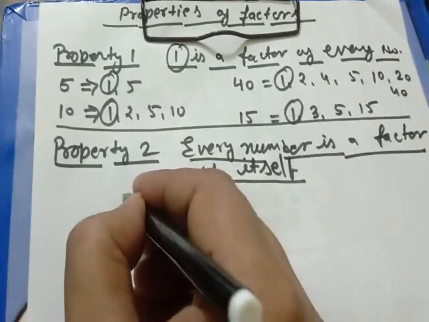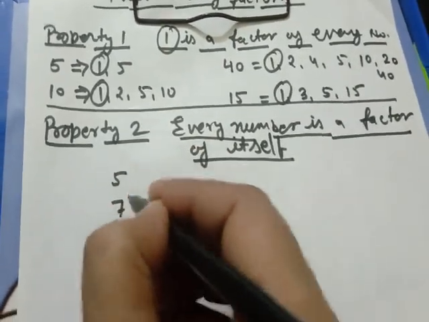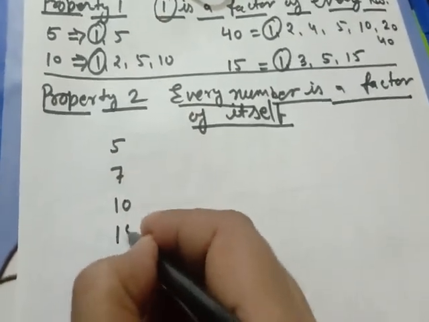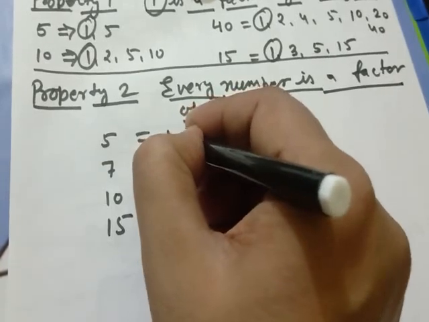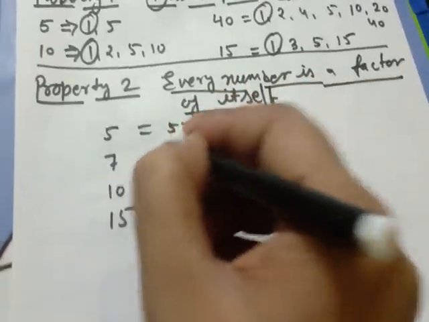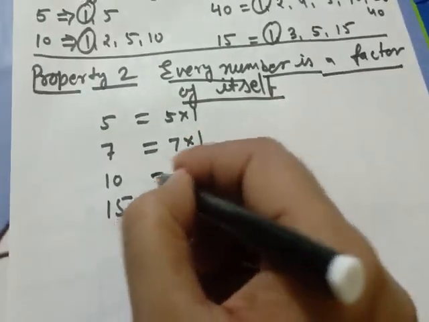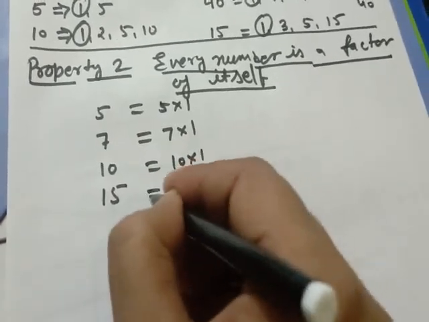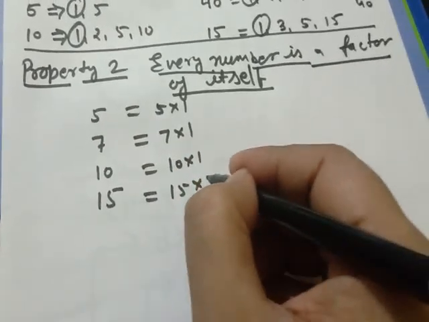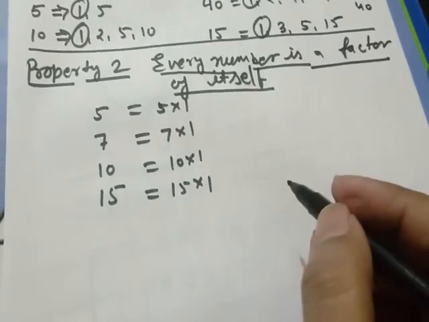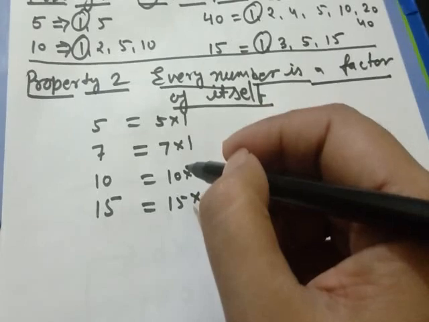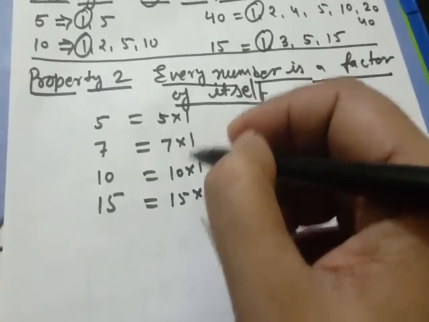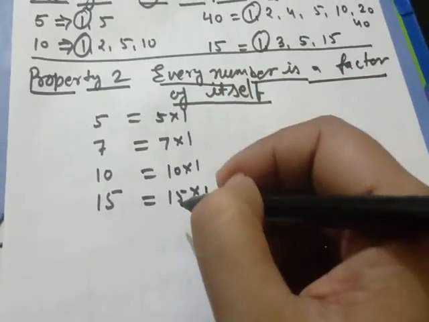For example, 5, 7, 10, 15. Now 5 multiplied by 1, 7 multiplied by 1, 10 multiplied by 1, 15 multiplied by 1. So we can see that every number can be expressed in this way.